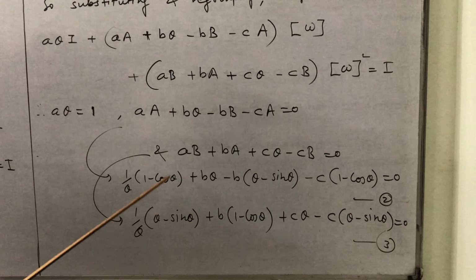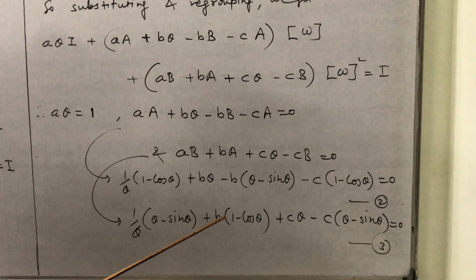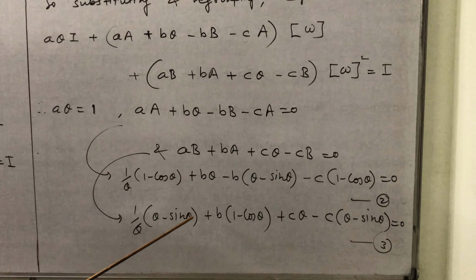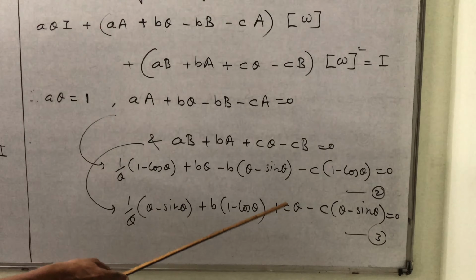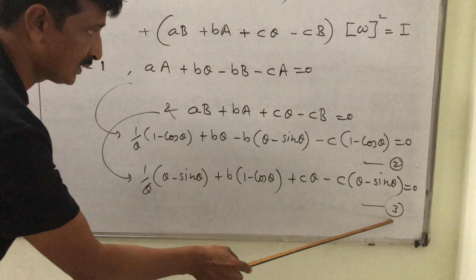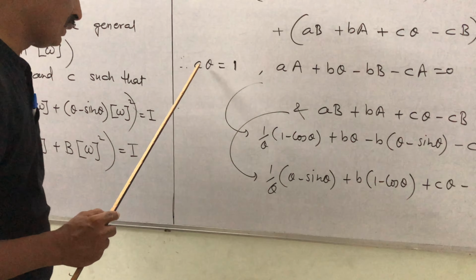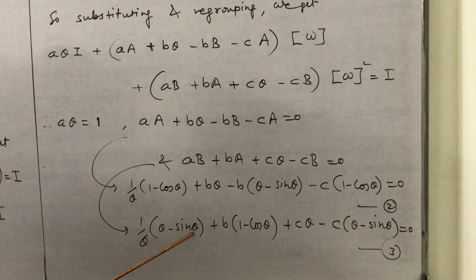And from this, 1 upon theta, B is theta minus sin theta plus A is 1 minus cos theta plus C theta minus C. B is theta minus sin theta. This is equation 3. This one equation 1. So A is 1 upon theta. This one equation 2. This one equation 3.